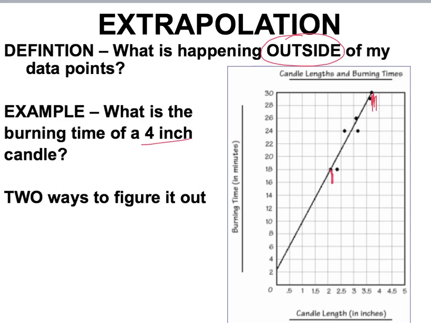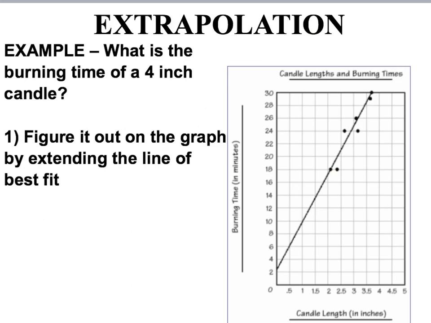And just like interpolation, there are two different ways to figure it out. The first way is that you can extend your line of best fit. So if you had a ruler, you could just extend this line out farther and farther until it crossed 4. And then maybe you could estimate based on that the burning time would be about 33 minutes.